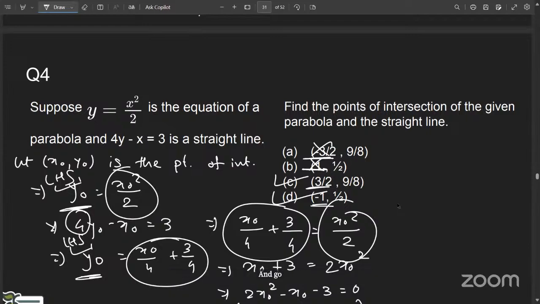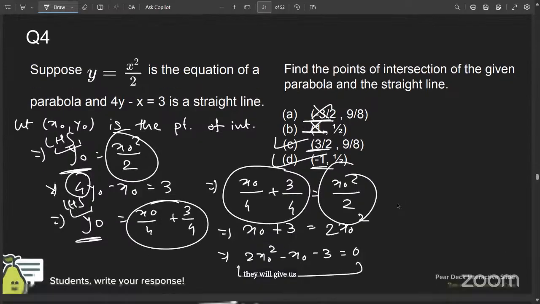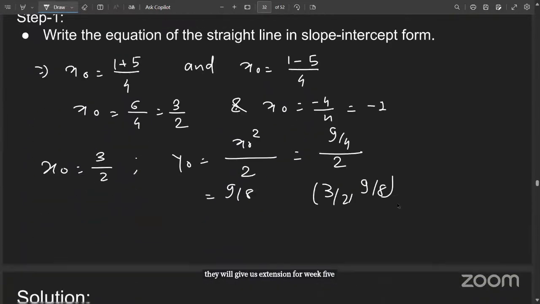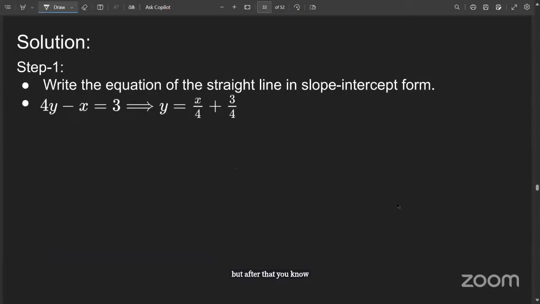That's it. In the revision part, you don't have to go through all the activity and practice questions at that time, right? Because before the quiz one, the week 5 content will come and we have to submit it, and after that week 6. They will give us extension for week 5, but after that, we have to manage for week 6 also.